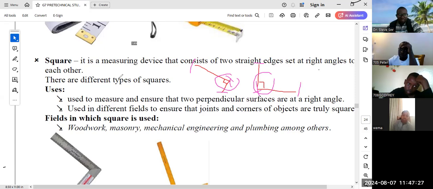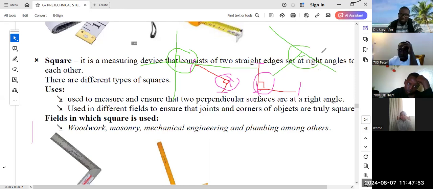For example, if you are to draw this line here and another line here, then you should use a square to ensure they are at 90 degrees. So that is the work of the square. Or if you are to draw this edge here and another edge here, then this area should be at 90 degrees. And how do you ensure it is at 90 degrees?